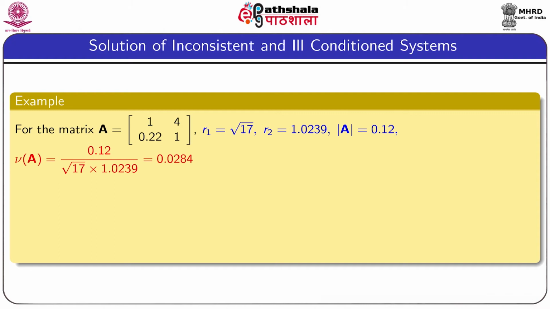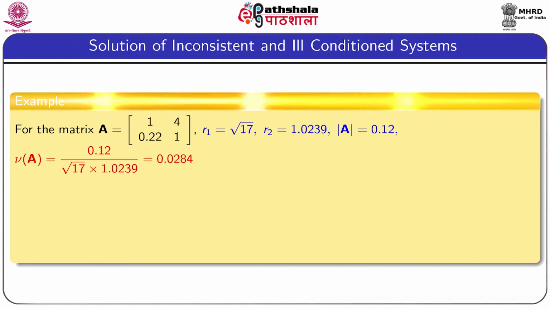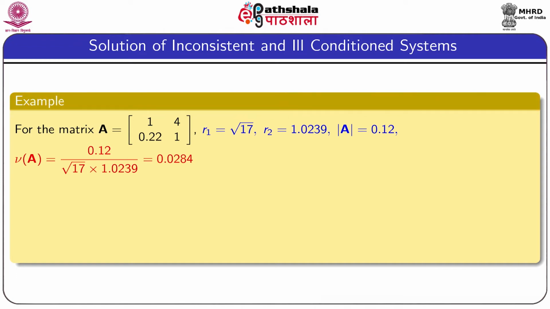Let us consider a matrix A whose first row is 1, 4, second row is 0.221, and for this matrix R1 equals root 17, R2 equals 1.0239, and the determinant of this matrix is 0.12, and hence nu A equals 0.0284.